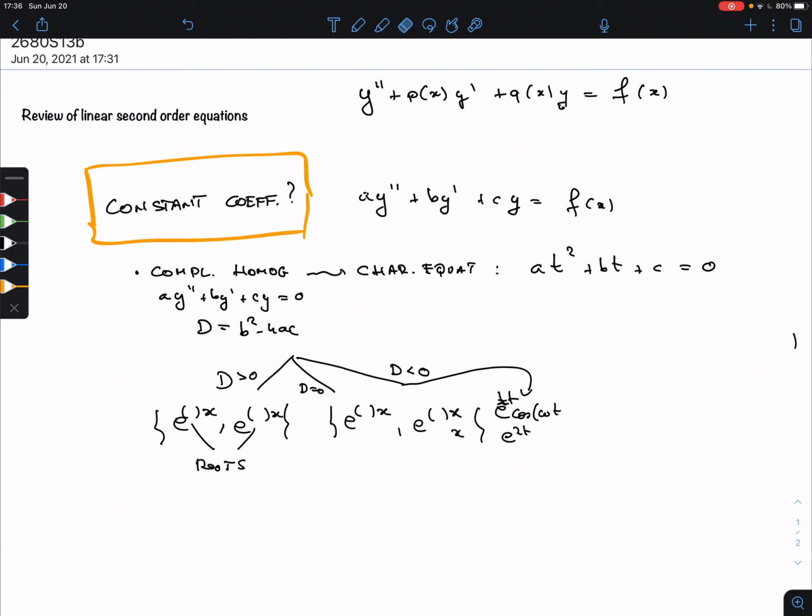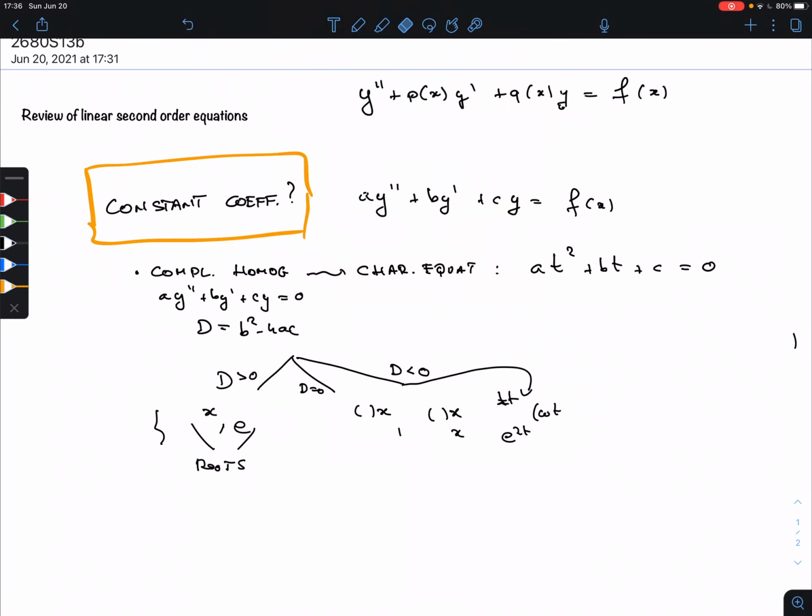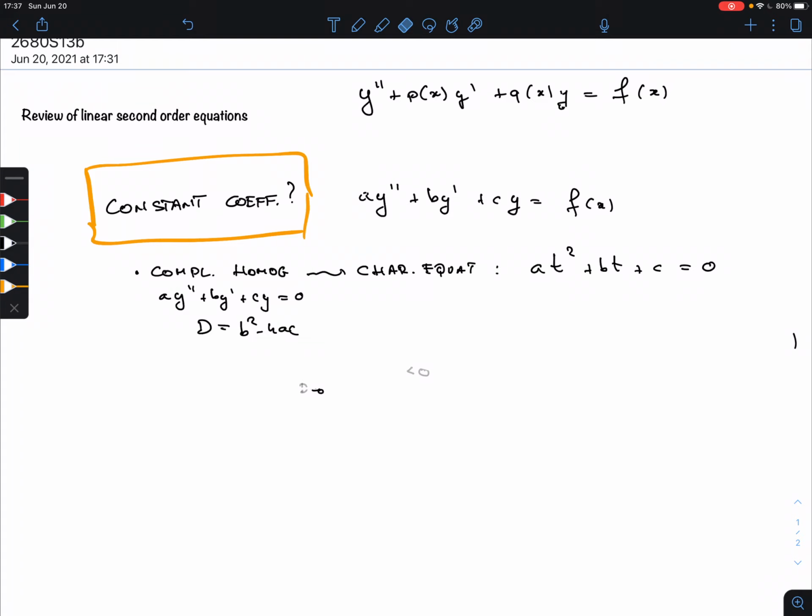So, okay, let me write this a little bit. Let me spell it out perhaps, because otherwise it's perhaps a little bit too confusing. So, okay, we have the three cases. Let me write it a little bit more in the flow chart. Since we're doing flow charts, let's keep doing it.